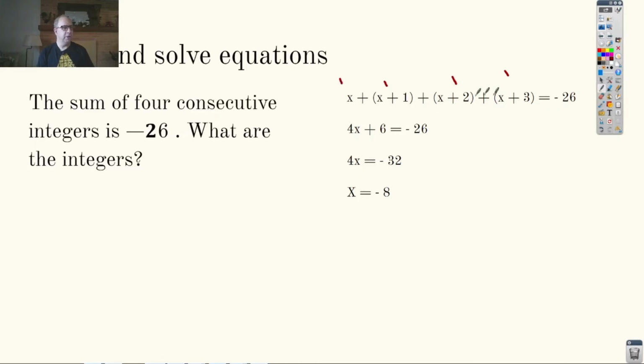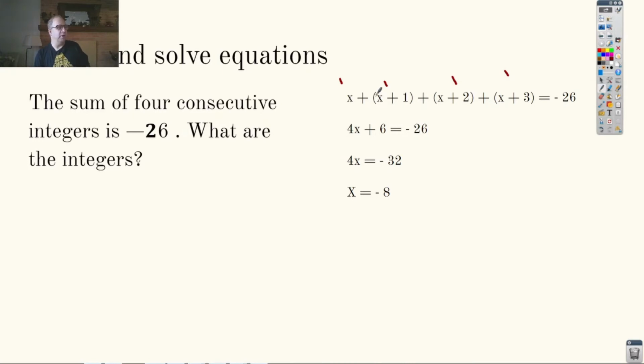So here's my equation. Now I'm going to simplify this a little bit by combining like terms. So x plus x plus x plus x is 4x. These are inside parentheses, but I only put them inside parentheses so you can differentiate that the terms are separate. There's nothing multiplying these, so they're basically being multiplied by 1 if you want to think about that.